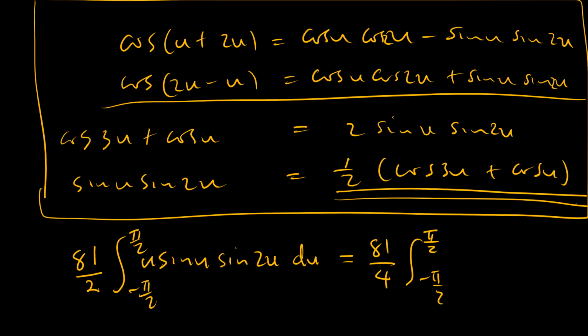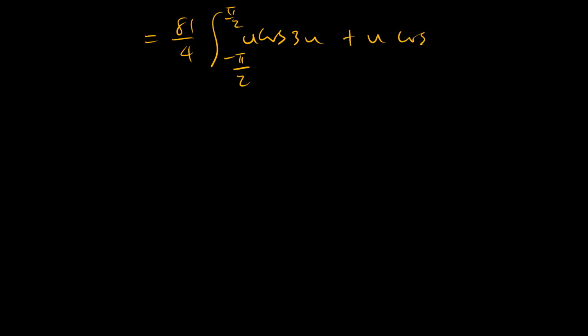There's a u here, sorry. So u in brackets, cosine 3u plus cosine u. Okay. So this becomes 81 over 4 integral from negative pi over 2 to pi over 2 of u cosine 3u plus u cosine u.